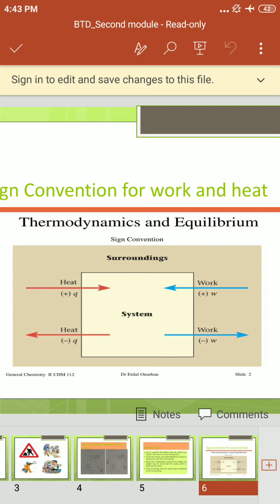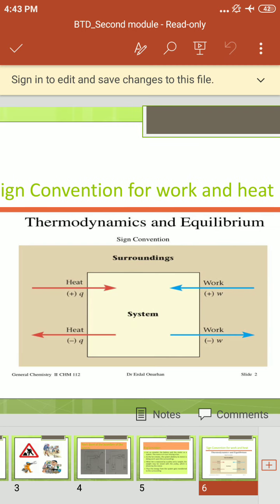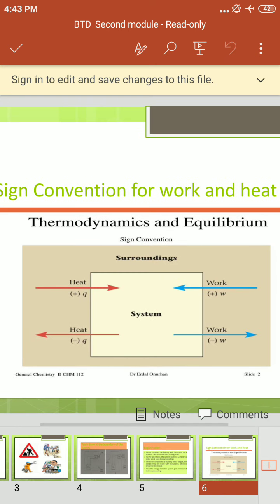Exactly reverse to that, heat entering the system is positive, and heat leaving the system is negative. Okay, this is in general the sign convention in thermodynamics.